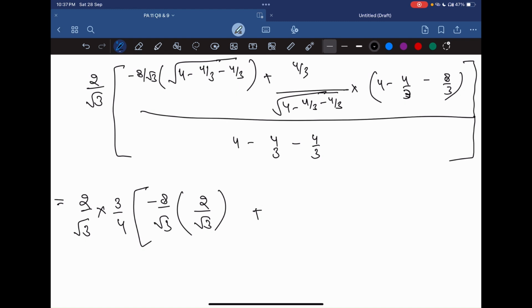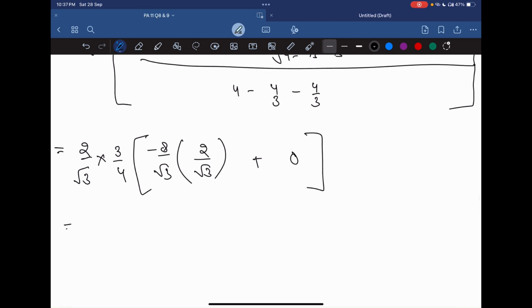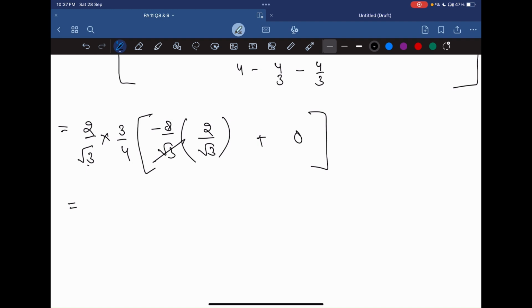So that's why this whole term would become 0. So it would be just 0. We can cancel this 3 with this 3, so we are left with minus 8 by root 3. That is less than 0.